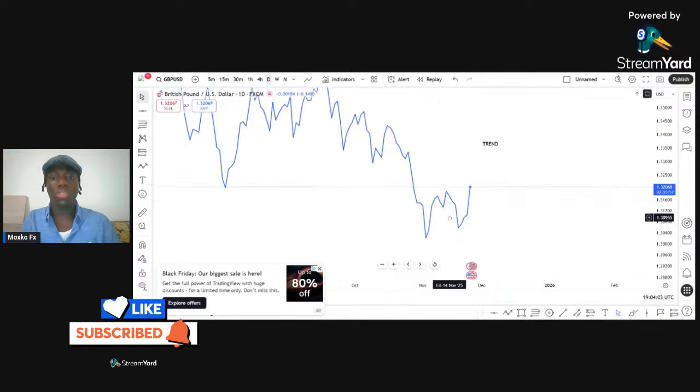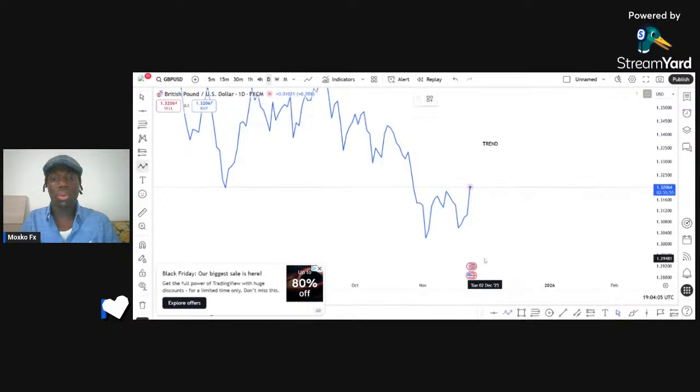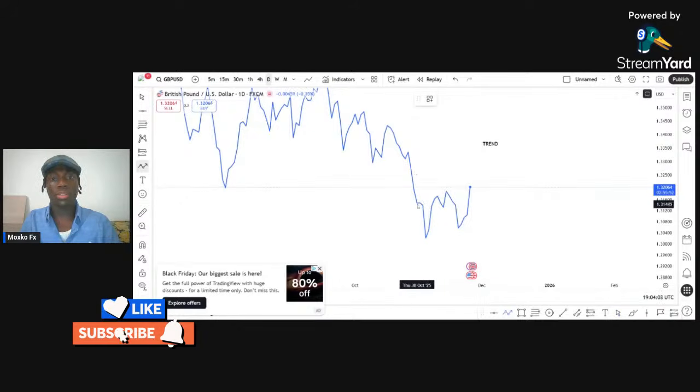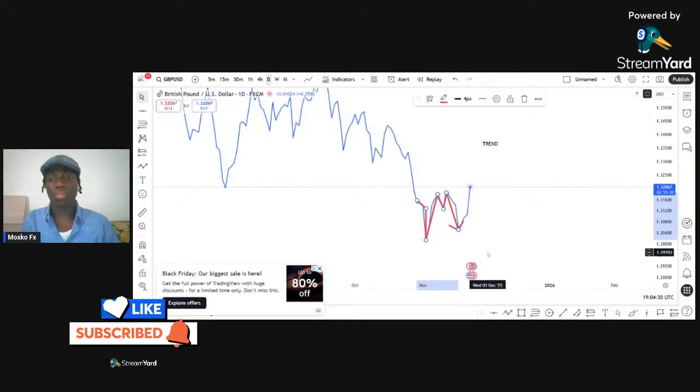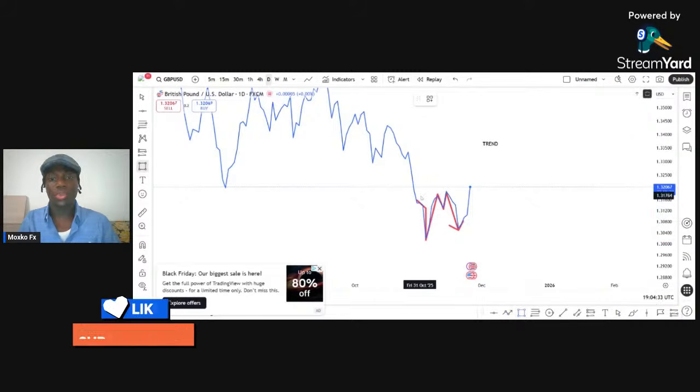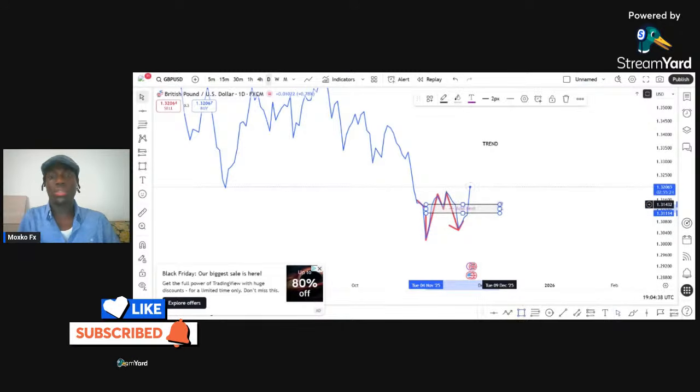By the look of this chart, at first the sellers were in charge of the market. We had a double top, lower low, and unfortunately the sellers took charge, and we were expecting the market to retrace to this zone today and sell.